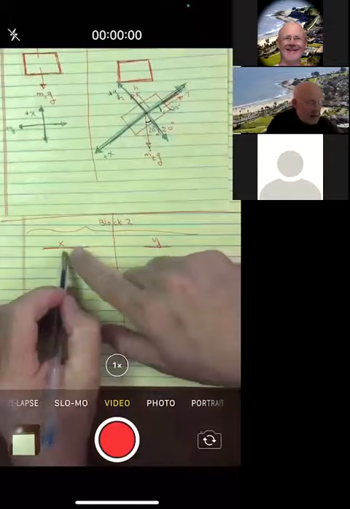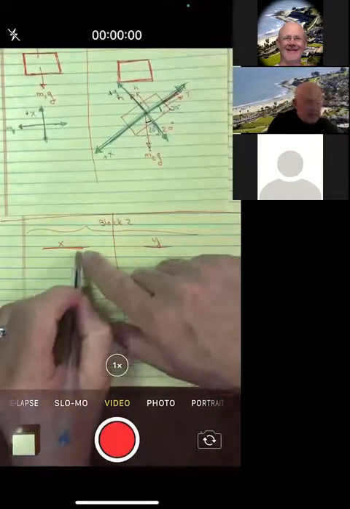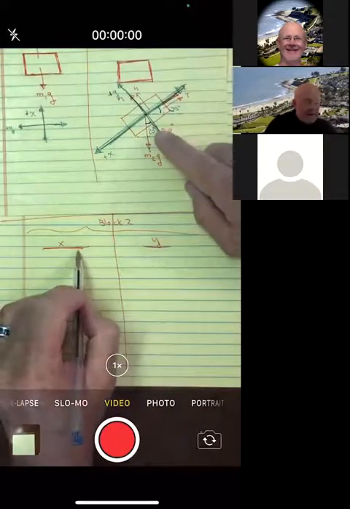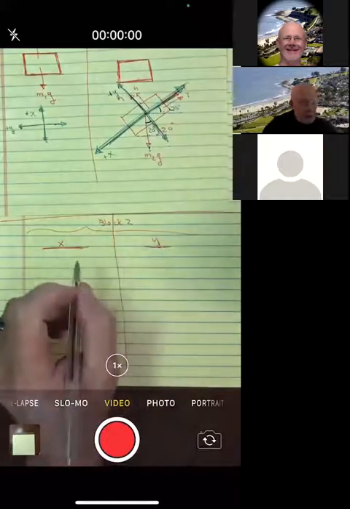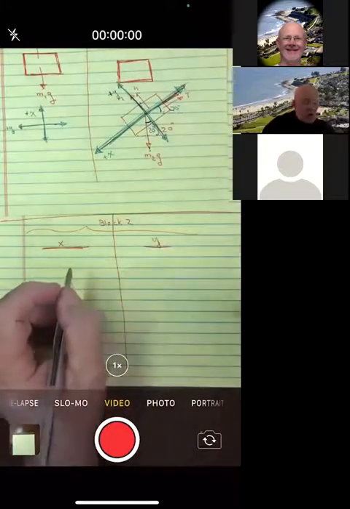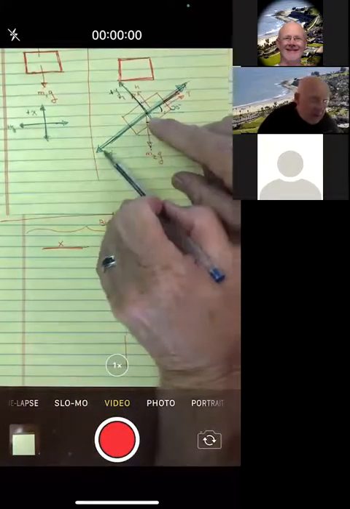All right, so let me see if I can write out the x component for block 2. So remember, we called down the hill positive.